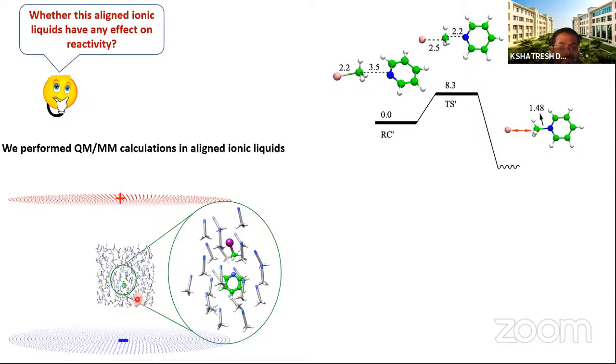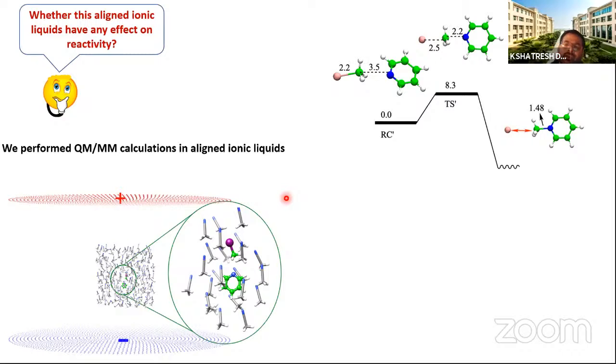It means that the local electric field produced by this acetonitrile is working as a catalyst, and because of it the rate of reaction has increased many fold.